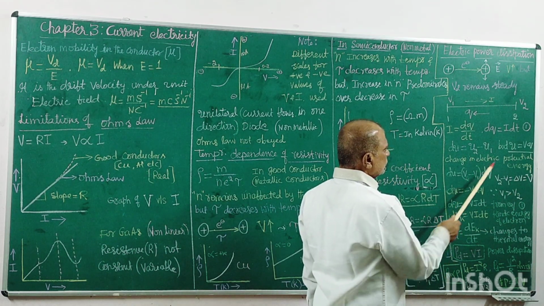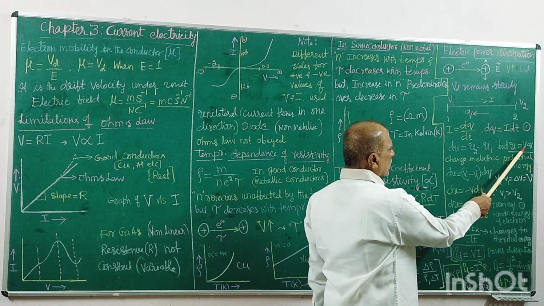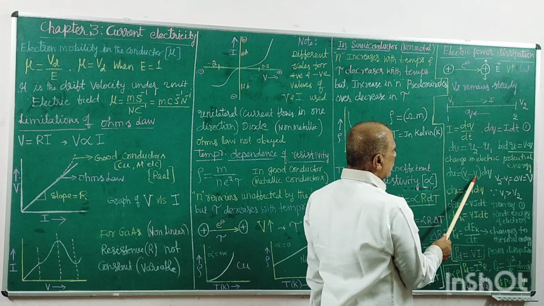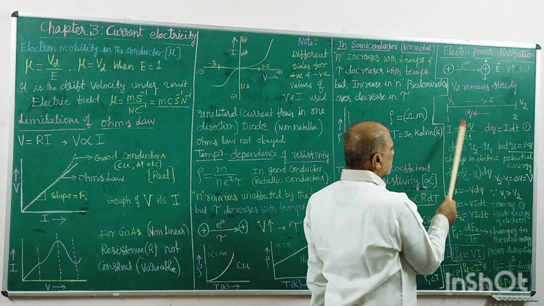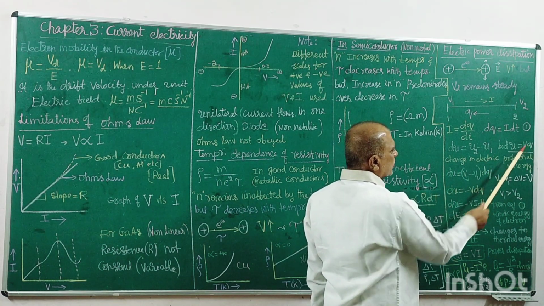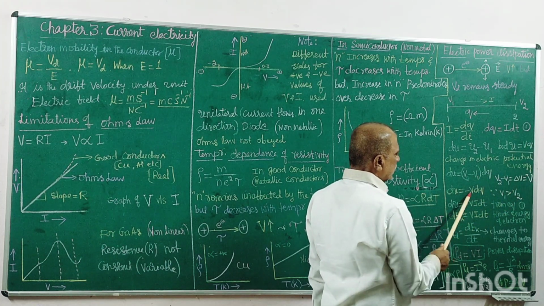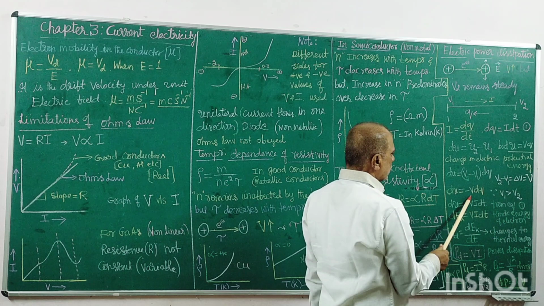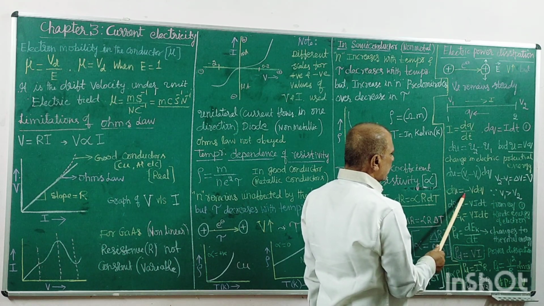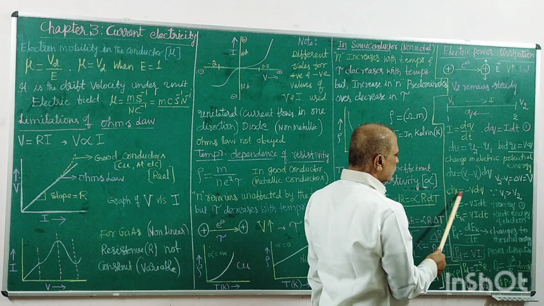So the potential here is V2 minus V1, and dU becomes V times dq, so dU is equal to minus V into dq. The equation is reduced to this form.